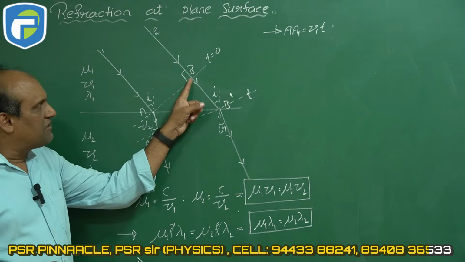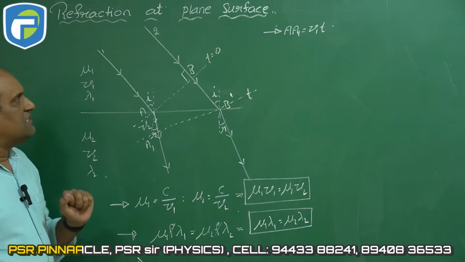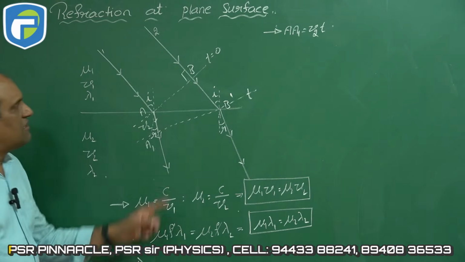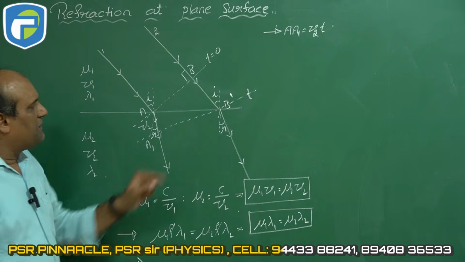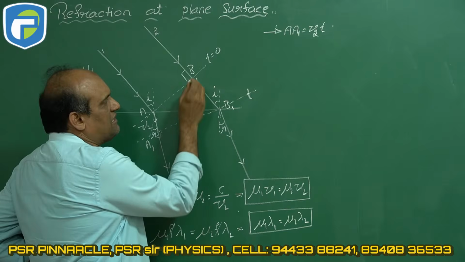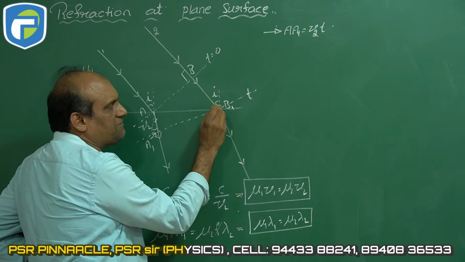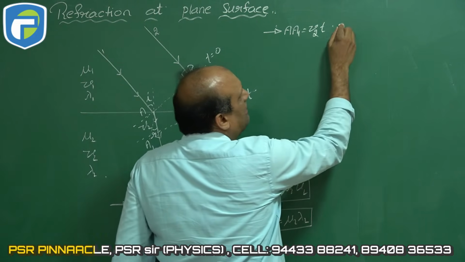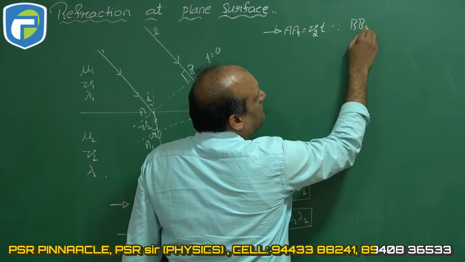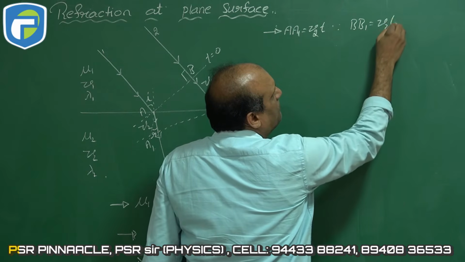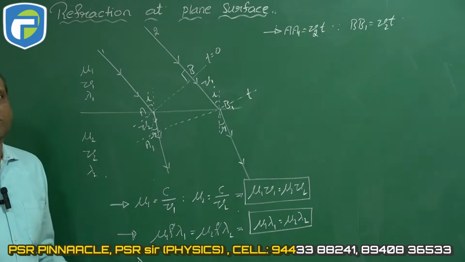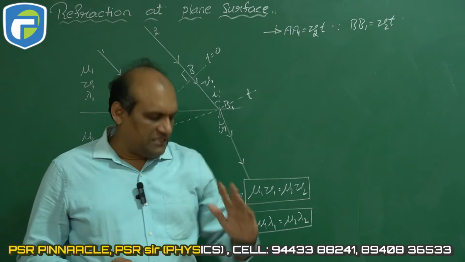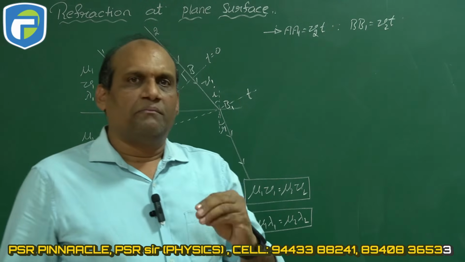And at the same time B1 is v2 into t, because the light ray is in the second medium. B1 is the distance traveled by the light ray in the time t with the speed v2. So, as their velocities are different, they travel different distances in the medium.